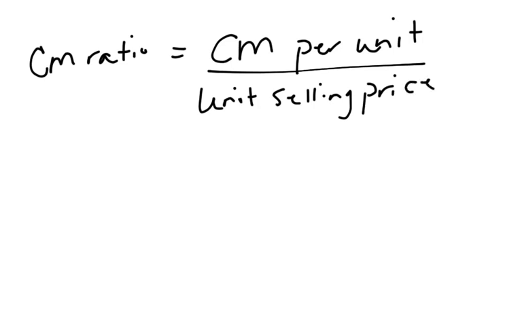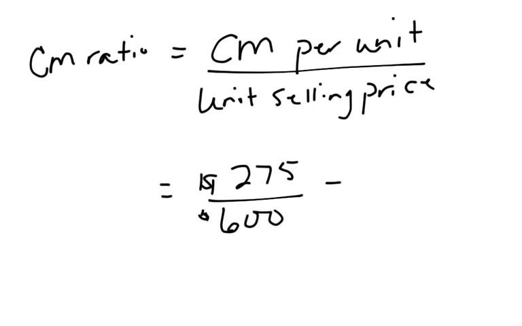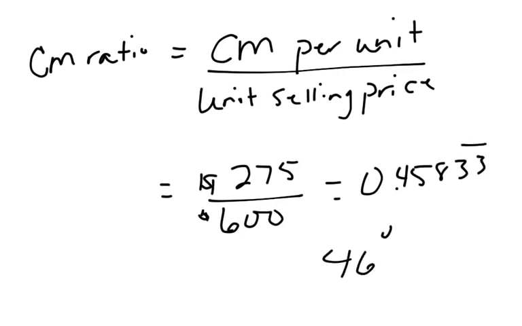For us, that contribution margin per unit was $275, and our unit selling price was $600. So our contribution margin ratio came up to 0.4583333 forever. So it's around 46% as a rounded figure. Again, that can help us as a percentage base. It's just another way to state the same information.